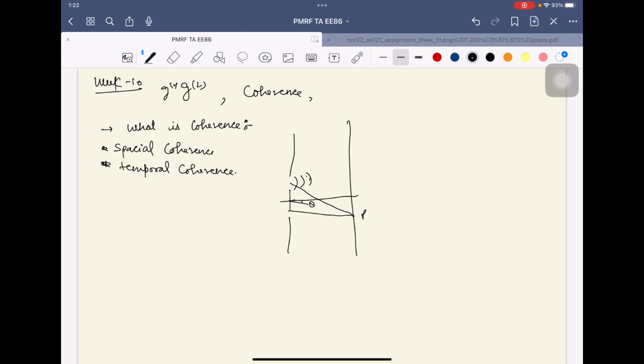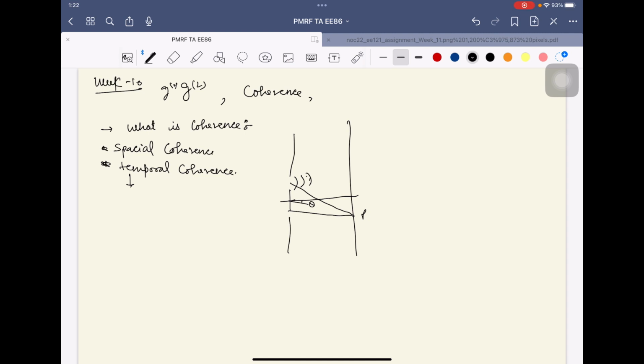Spatial coherence describes the correlation or predictable relation between waves at different points in space, either lateral or longitudinal, while temporal coherence describes the correlation between waves observed at different moments in time.